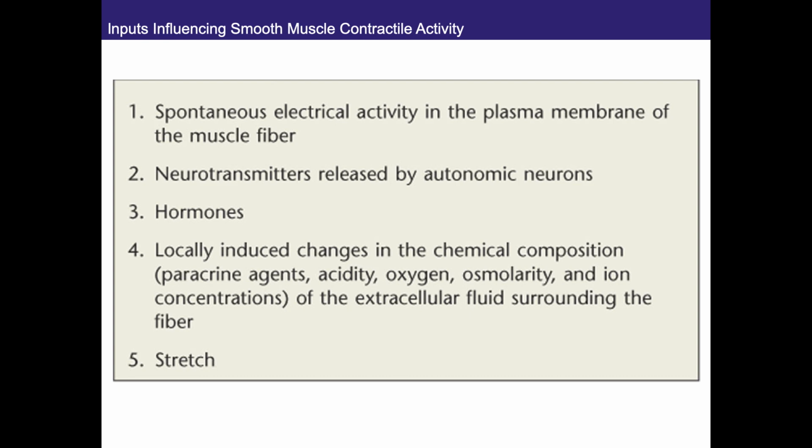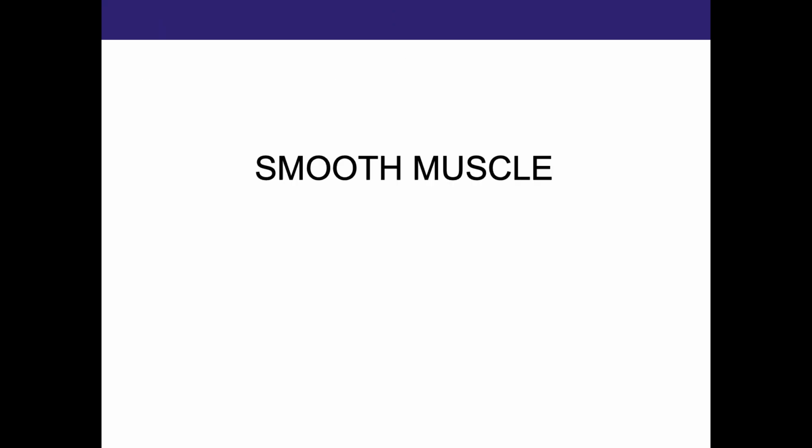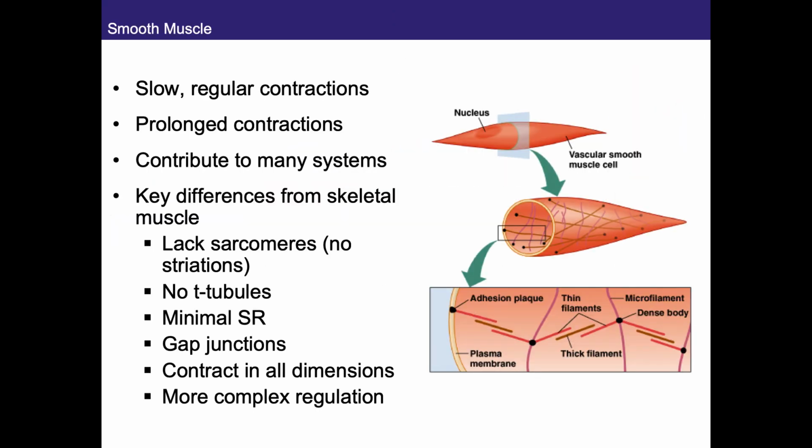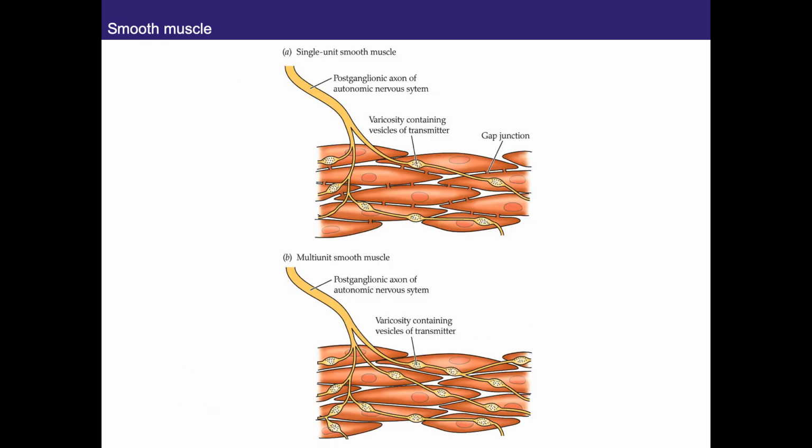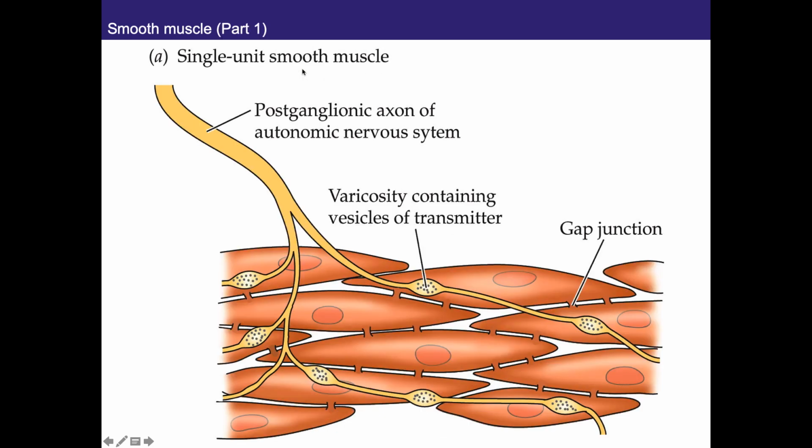All right, so let's make sure that I haven't forgotten anything. I feel like we covered that pretty well. Okay, the difference between single unit and multi-unit smooth muscle, again, as I talked about before, with single unit, up at the top here, let me blow that up. You can actually see these have gap junctions.